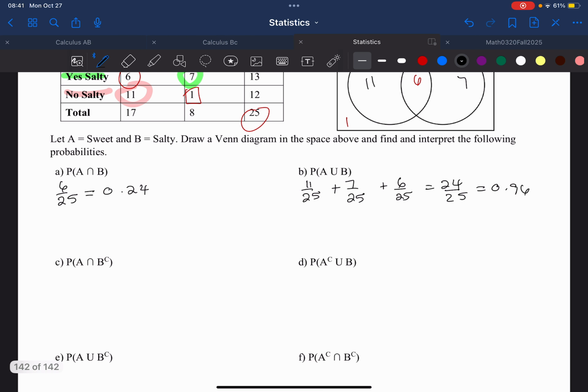Part C says the probability of A intersection B complement. So what that means is the probability of A, they like sweet. Intersection means and B doesn't happen. If B doesn't happen, that means no to salty.